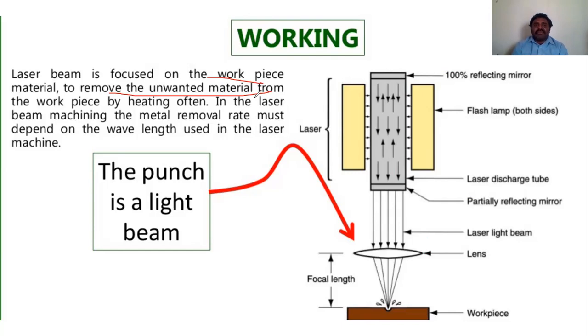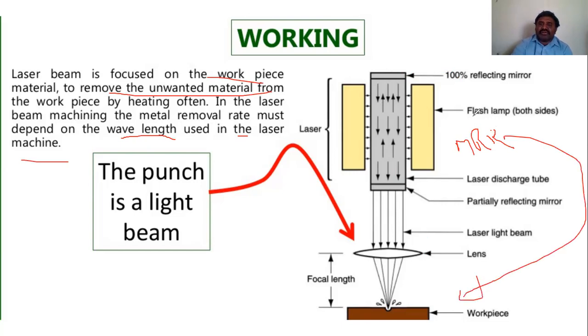In laser beam machining, the metal removal rate depends upon the wavelength used in the laser machining. The machining, that is the MRR, metal removal rate, is carried out on the workpiece using this concept. Laser beam machining.